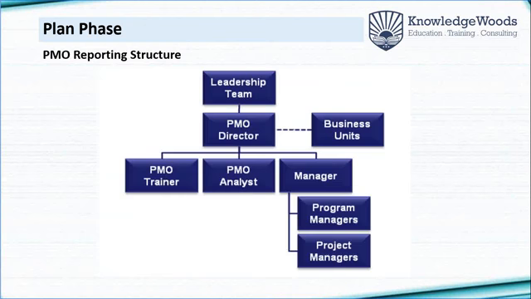A typical PMO reporting structure could look like this. The basic benefit of this step is to ensure who is going to deliver the service offerings that the PMO will offer, who will be the customer of those services, whom the PMO is accountable to, and the reporting relationship within the PMO.